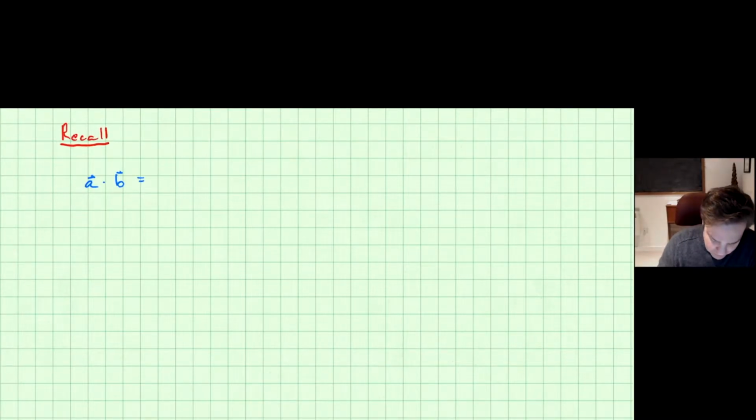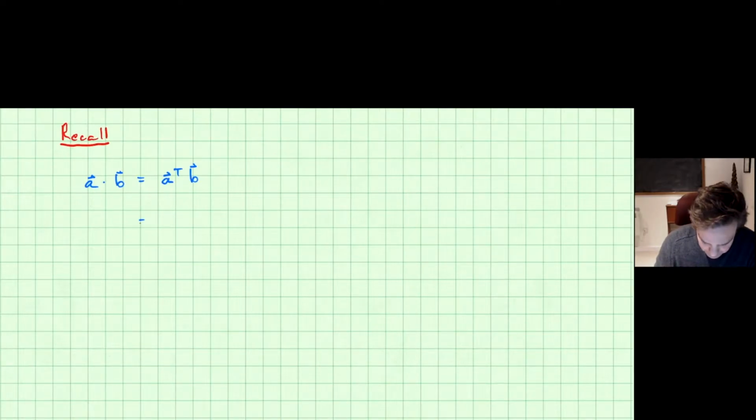But if you think in terms of matrices only, then you write this as the transpose of the column vector A times the column vector B, as a matrix product. You could write it either way, but I have a geometric picture in my mind when I write it.